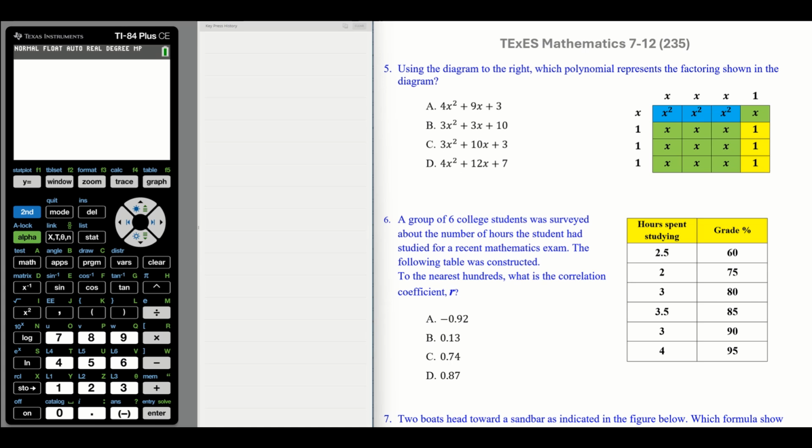Number 5. Using the diagram to the right, which polynomial represents the factoring shown in the diagram? Okay, so this one is 1, 2, 3 x's. 3 x's plus 1.